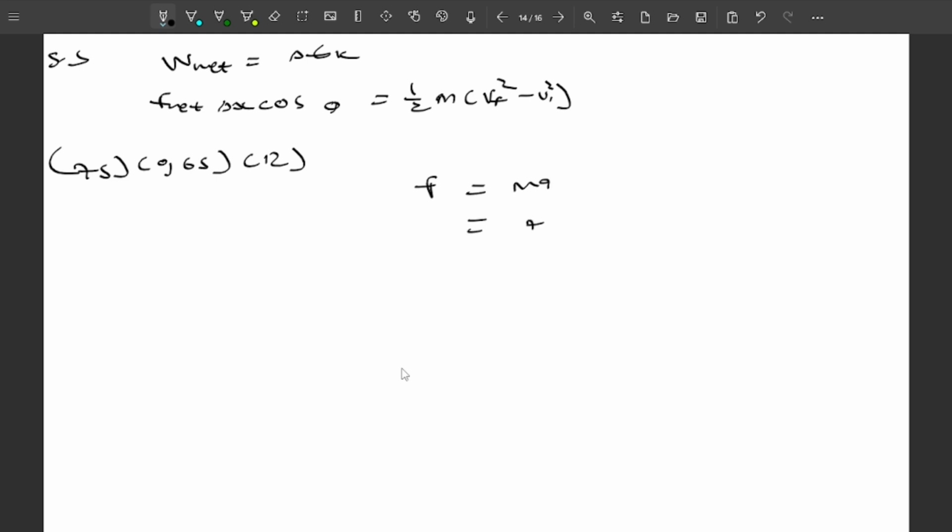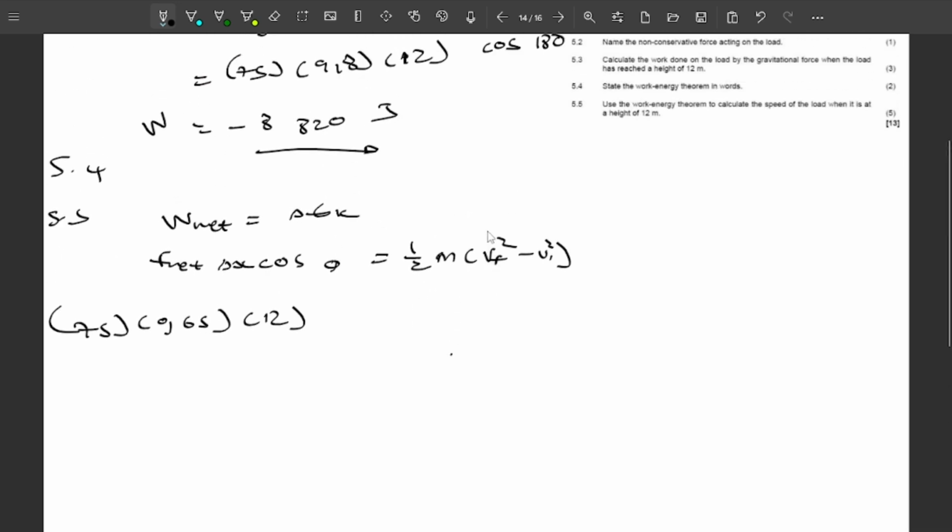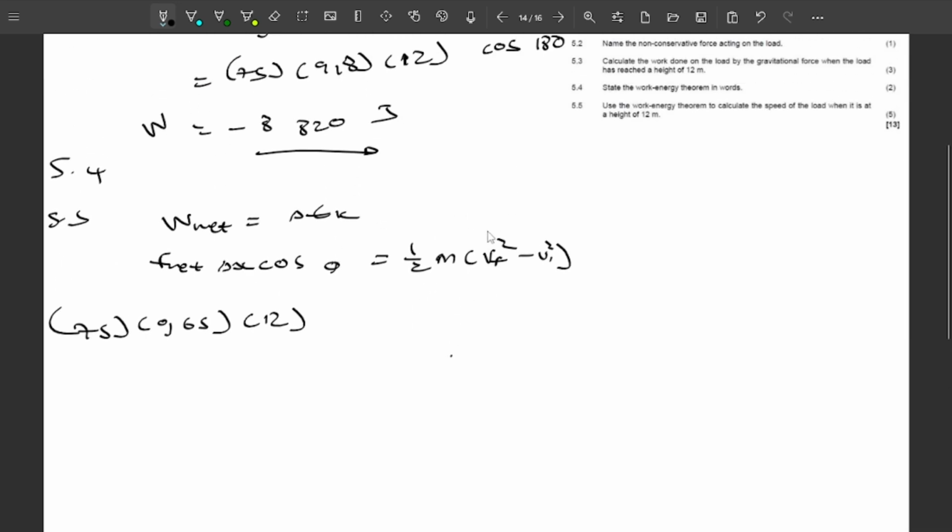Now the mass is 75 and the acceleration is 0.65. So basically this is tension, right? So this is what we're looking for in the net work. Now for someone who's asking why don't I use Fg in this case, Fg is a conservative force and it's not always the case in most cases, right?